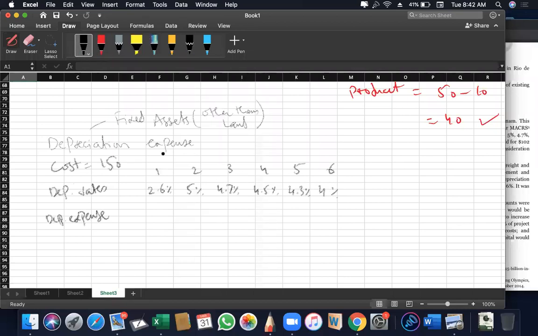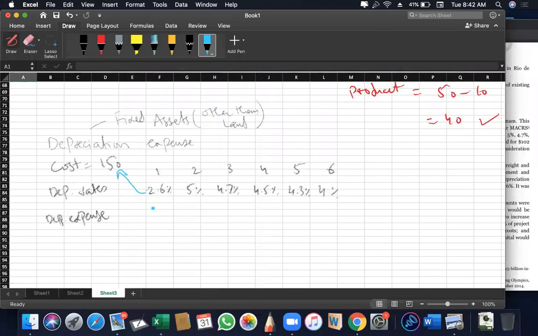Now, how can we find the depreciation? We just have to multiply each year's rate with the cost to get the depreciation expense. So the first value is 2.7 multiplied by 150.